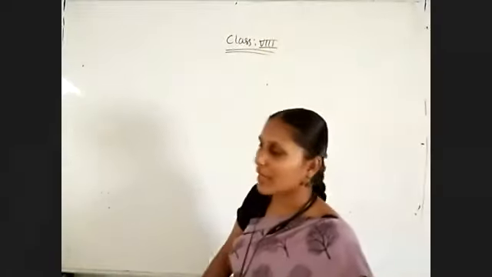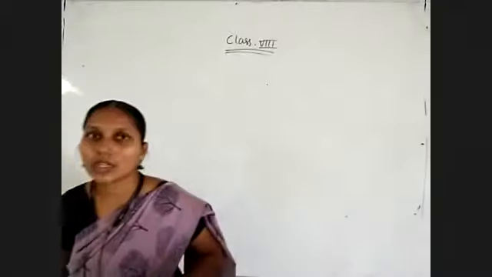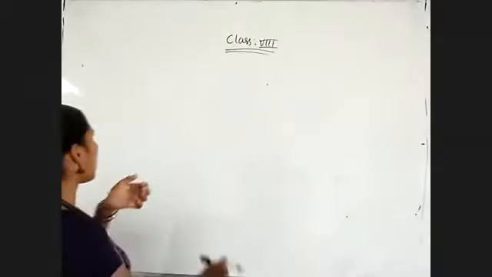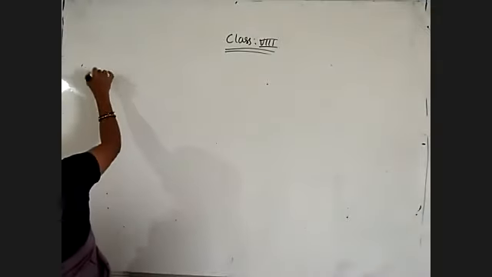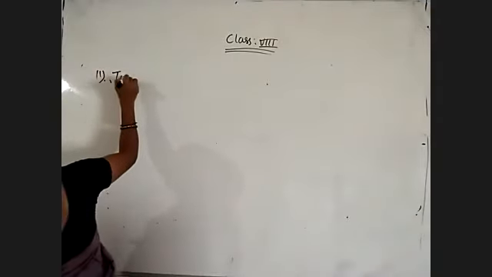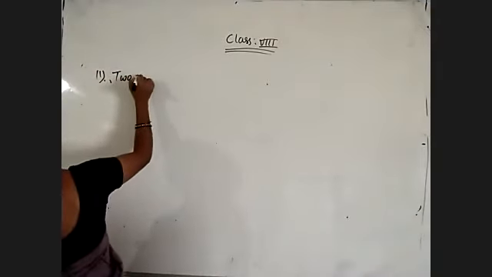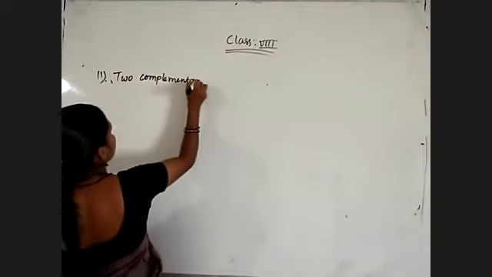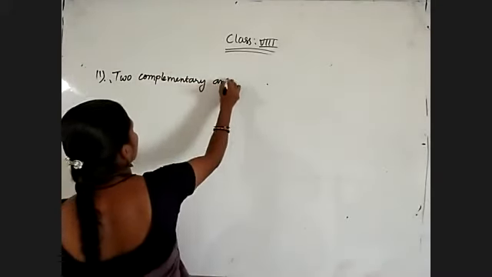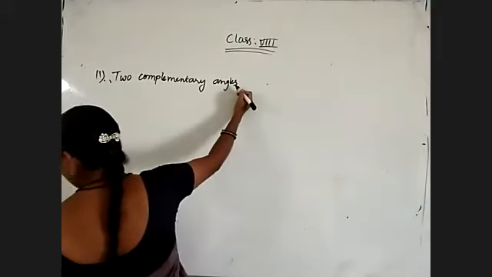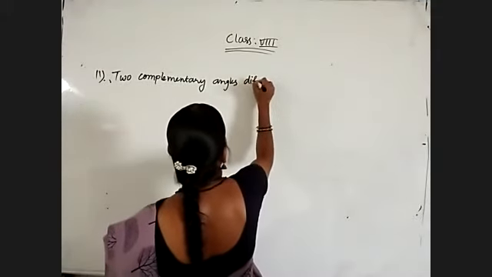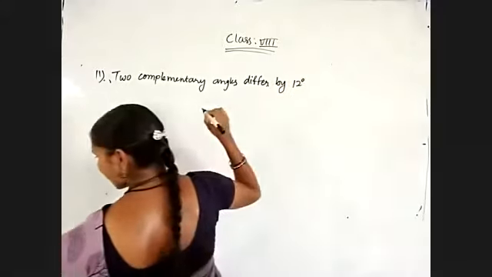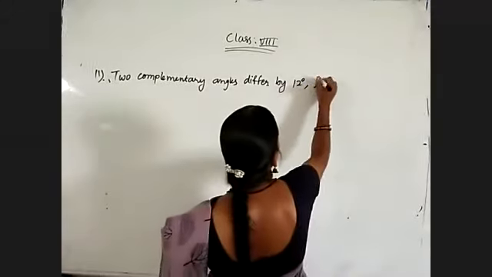If the sum of the pair of angles is equal to 90 degrees, then those two are said to be complementary angles. So now my question is: two complementary angles differ by 12 degrees. Find the angles.